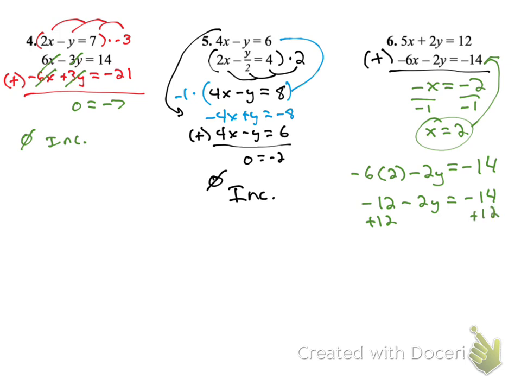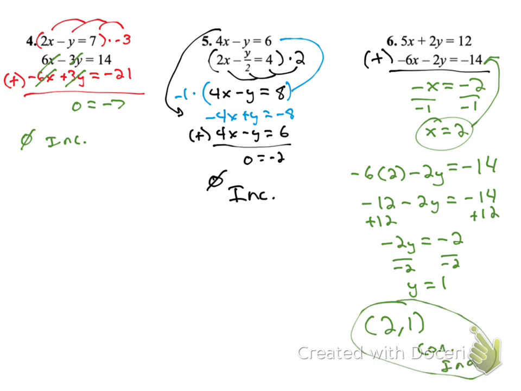Add 12. Negative 2y equals negative 2. Divide by negative 2. Y equals 1. So my answer would be 2, 1. Consistent, independent. That would be where those two lines would intersect. Okay, they would intersect at 2, 1.